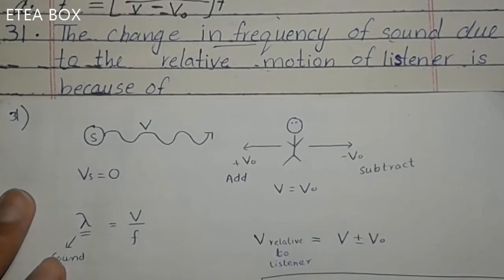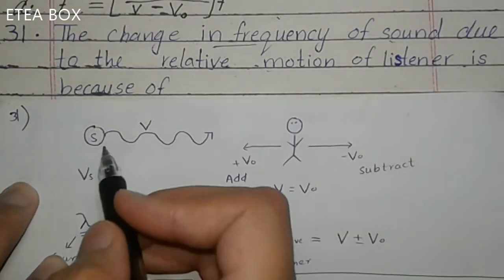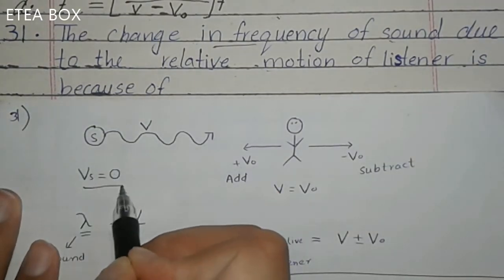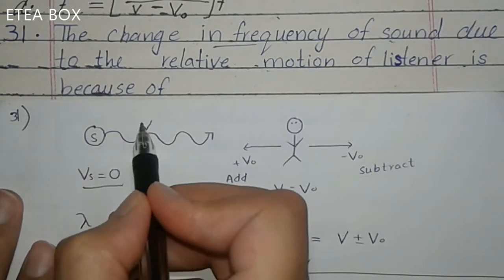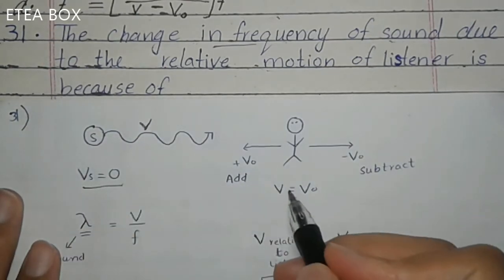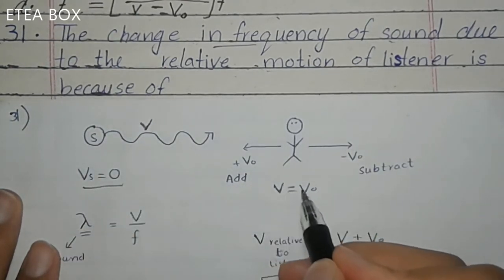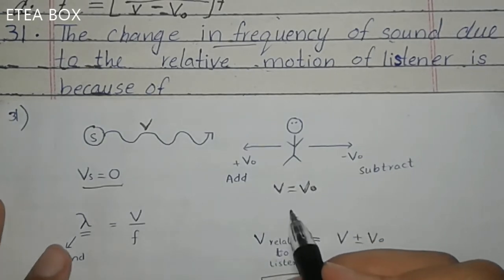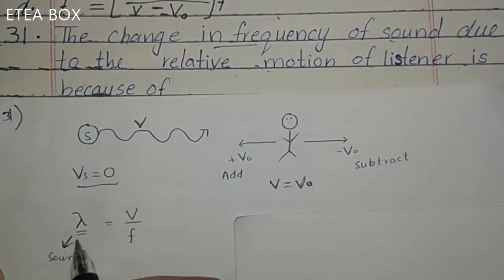Let's find the cause of the change in frequency. Look here, the sounding source is stationary, so its velocity is 0, this is the velocity of sound, and here the observer is moving with v naught. This is the wavelength of sound, which is equal to v divided by f.